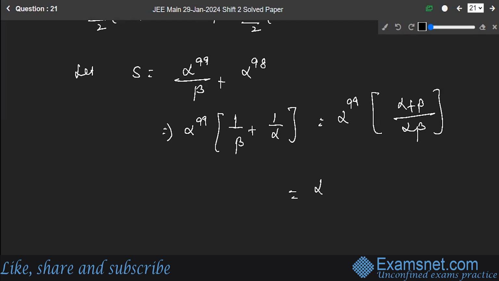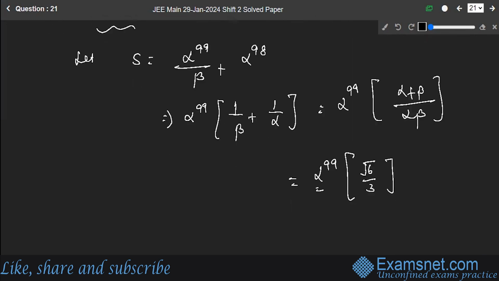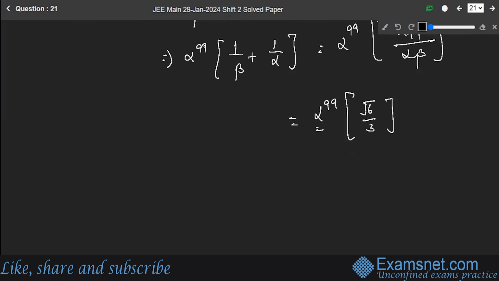I have these values: this is root 6 upon 3. And alpha was this, so this will be root 6 upon 2, 1 plus iota, power 99, multiplied by root 6 upon 3.